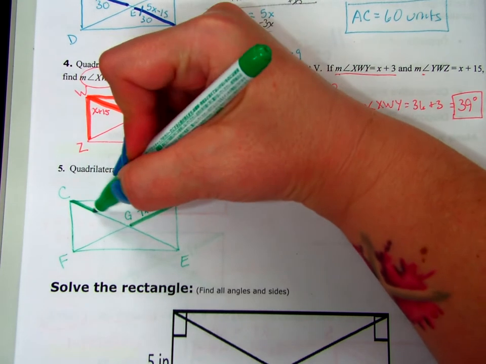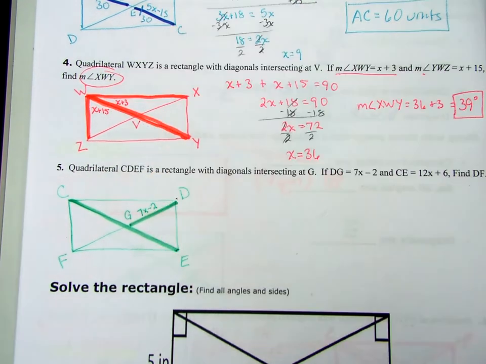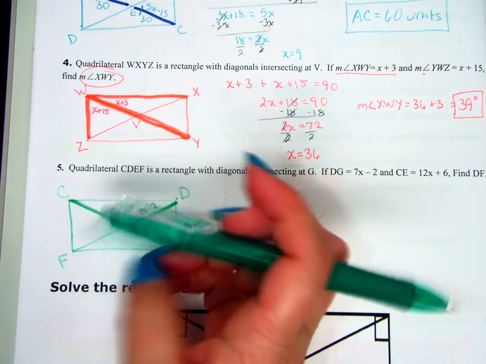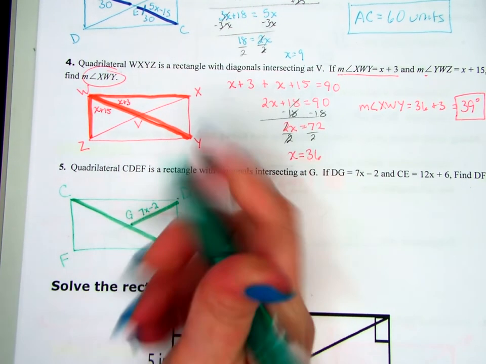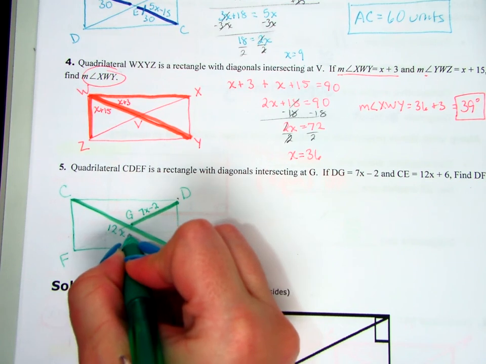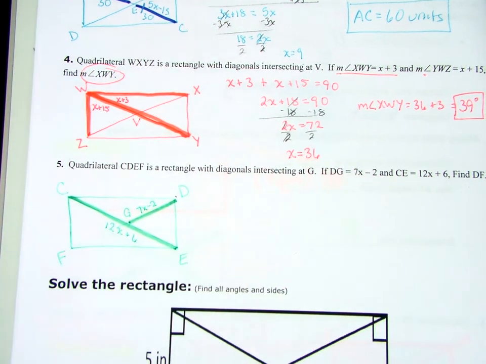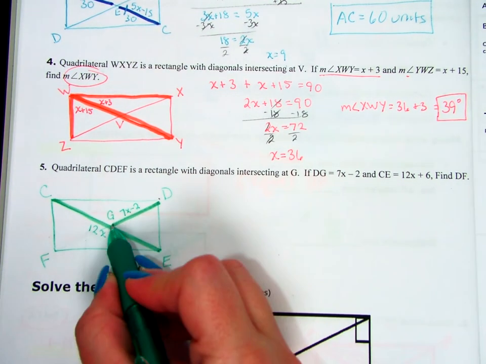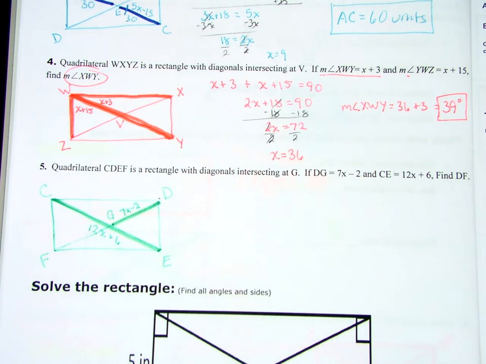CE is 12x plus 6. Find DF. I erased it and am drawing it back. Find the whole uphill diagonal. Any ideas on this one?